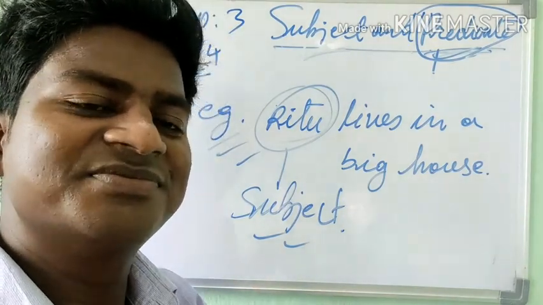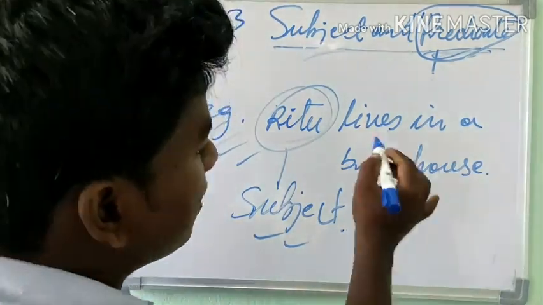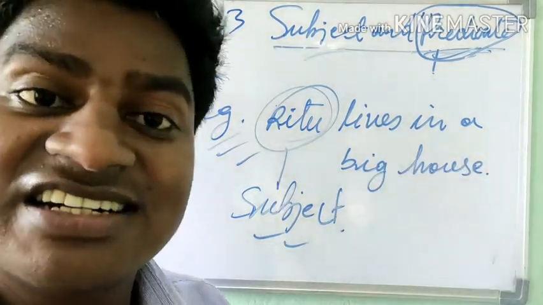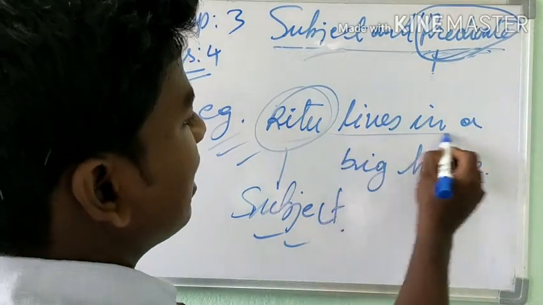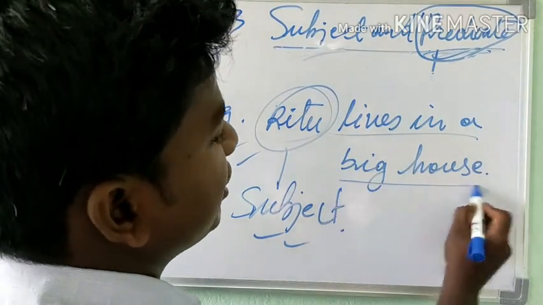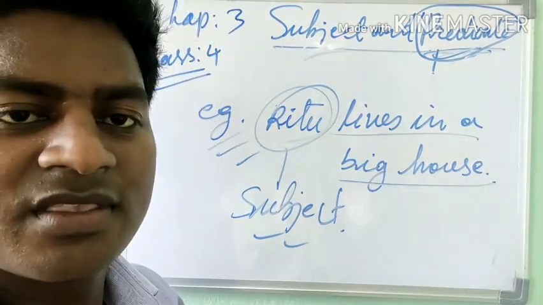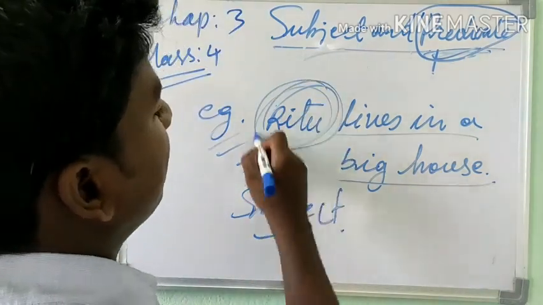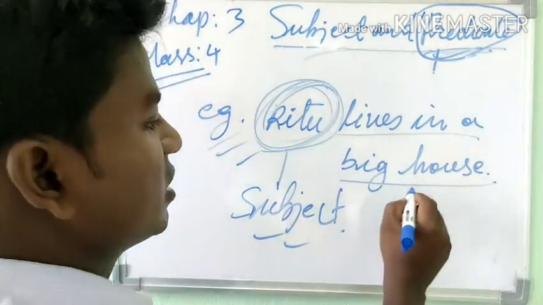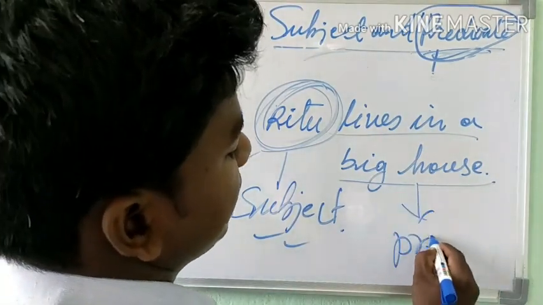Predicate is the part of the sentence that tells something about the subject. Now these are the parts from here till here. It tells something about Ritu.